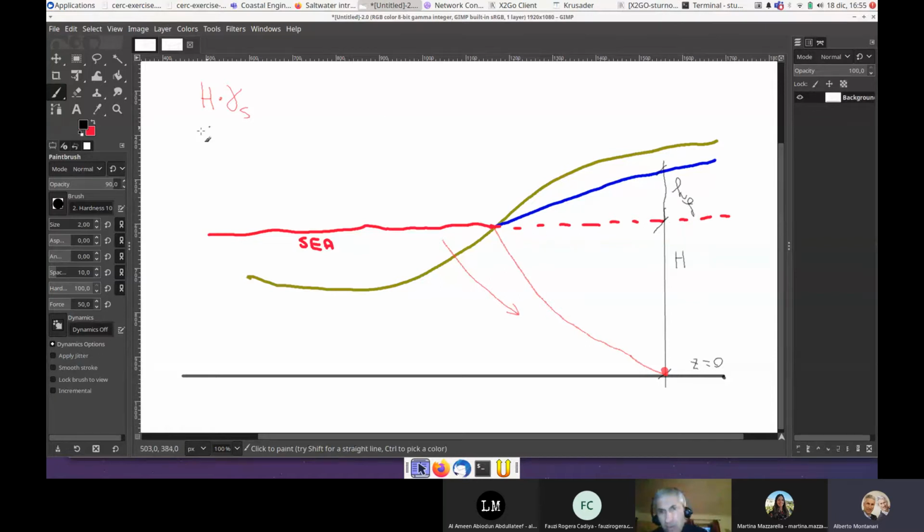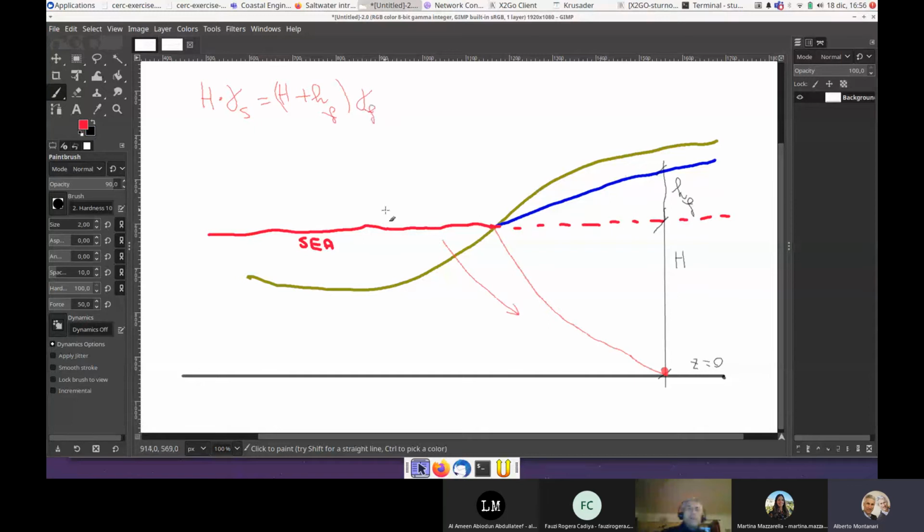So the pressure here by fresh water will be given by H plus lowercase hf times gamma fresh.